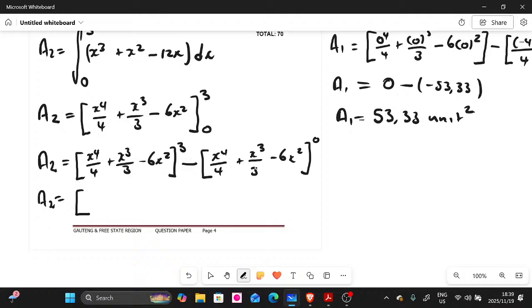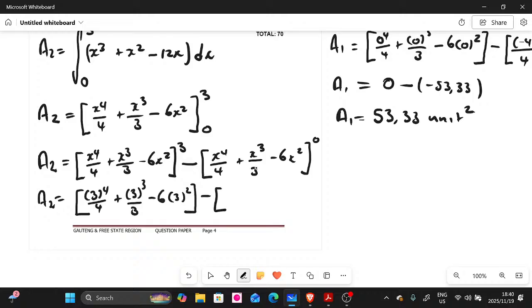Wherever there is x, we put the upper limit, 3. So we have 3 to the power of 4 divided by 4, plus 3 to the power of 3 divided by 3, minus 6 times 3 squared. Then we close the bracket.